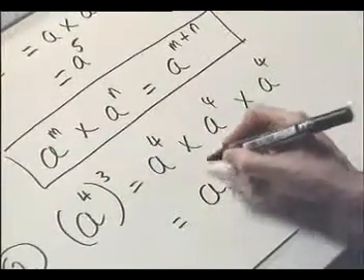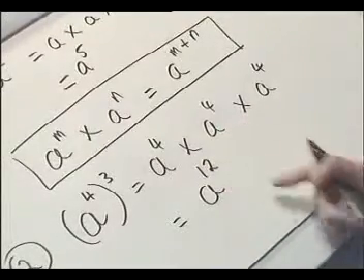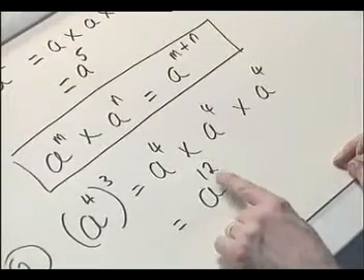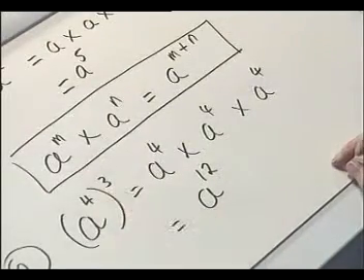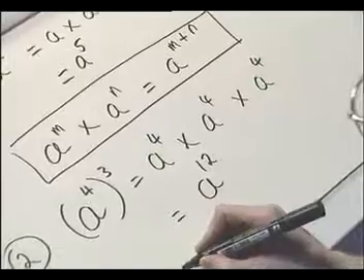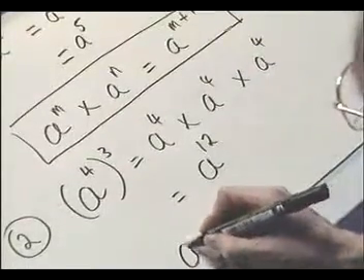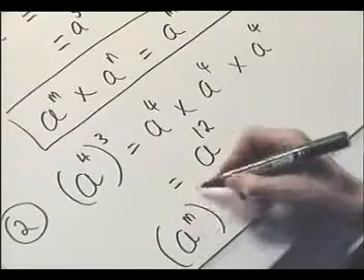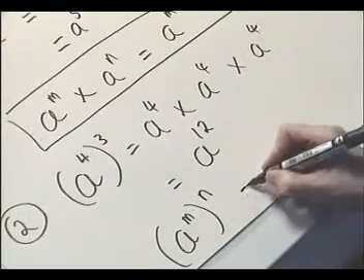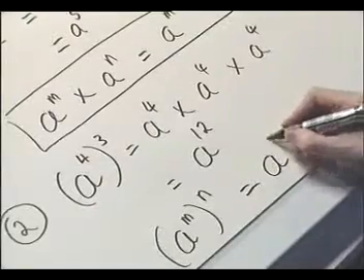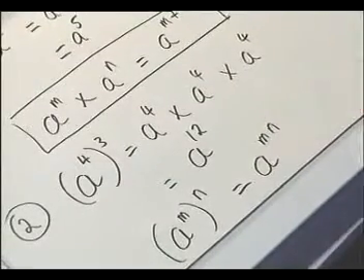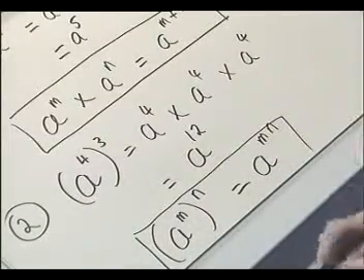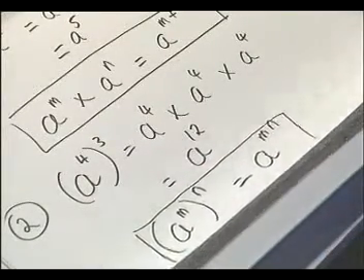So that's a to the power 12. 4 plus 4 plus 4. But 12 is 3 times by 4. So that suggests to us that if we've got a to the power m raised to the power n, then the result we get is a to the power m times n. And that is our second rule.